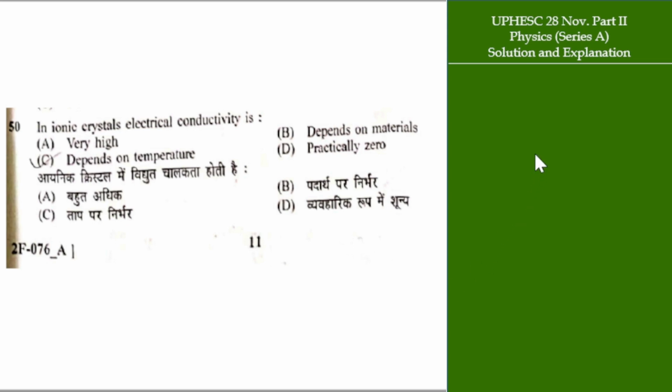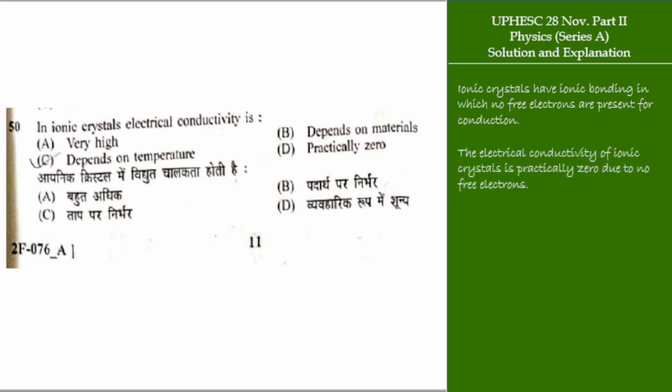No free charge carriers like electrons are present for conduction. And if you are not having any free charge for conduction, the electrical conductivity is practically zero. So correct option for this question is practically zero.